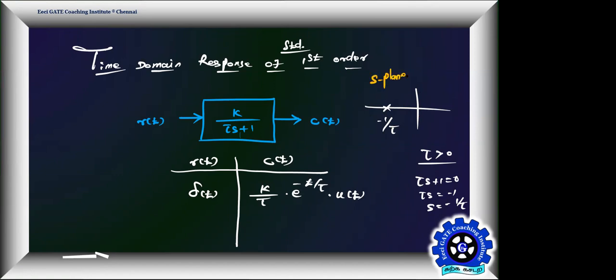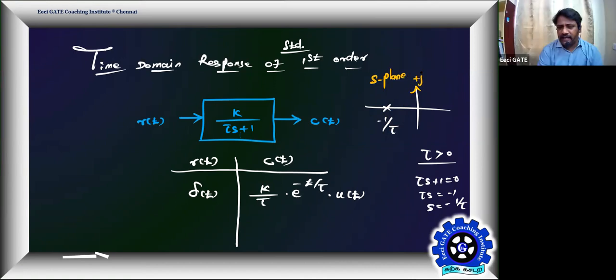This is your s plane. So this is your j omega axis, imaginary axis, minus j omega, and this is your positive real, and this is your negative real. So we are expecting the system to have the poles on the left hand side as per the BIBO stability. Then the system is said to be stable. Therefore, the given system is a stable first order.